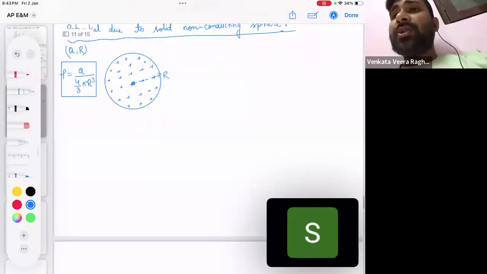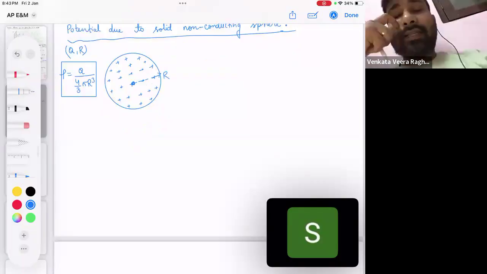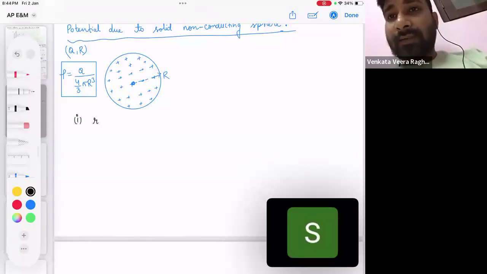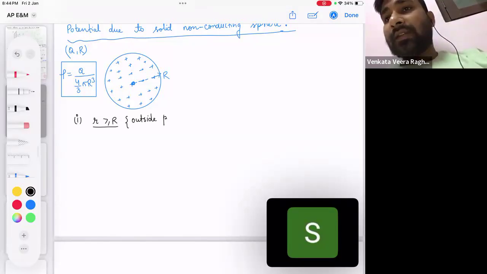Understood? Now again, we want to calculate the potential. Again, how many points will come? There are going to be two points where I'm going to calculate the potential. Is that clear? The first point is small r greater than or equal to capital R. What does it mean? That means my point is outside the sphere.